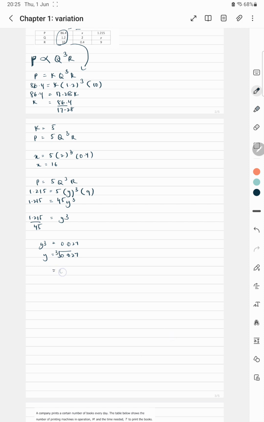We should be getting the answer 0.3. Alright, so now we have both our x value and y value. x is equal to 16 and y is equal to 0.3.